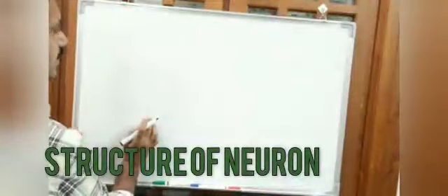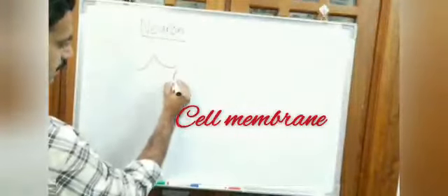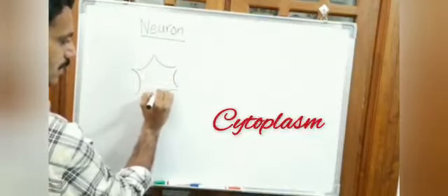Like other cells, the neuron has a cell membrane. Inside the cell membrane, there is cytoplasm, the fluid part.